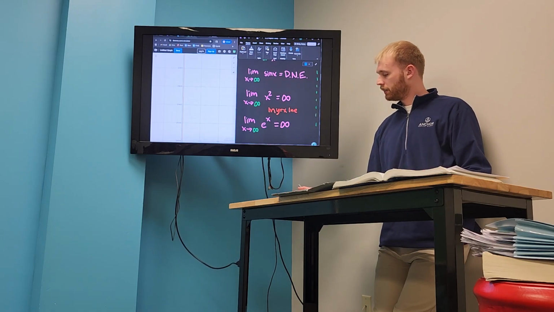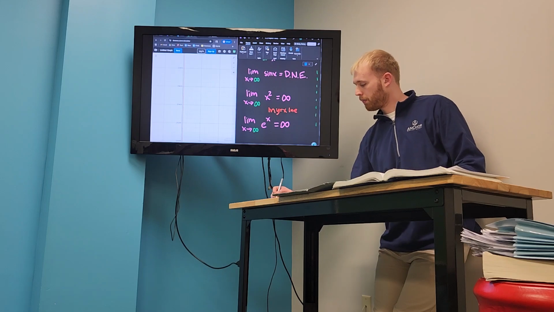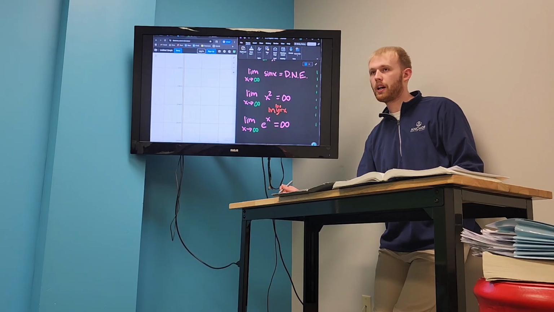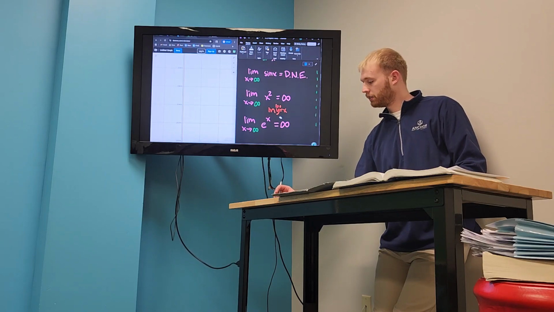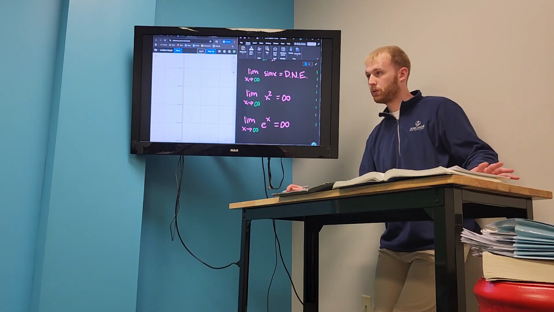We said y was 100, and the natural log of e is 1, so the natural log of 100 would equal x, which is 2.